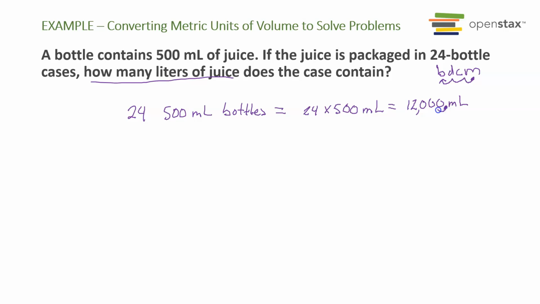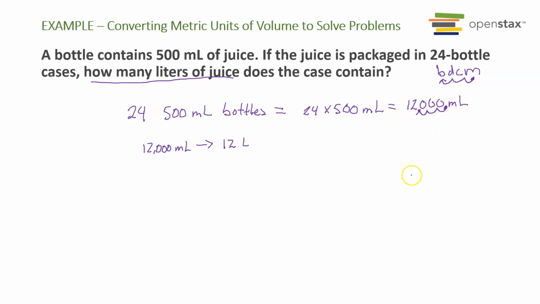So starting here at the end, 1, 2, 3. So in this conversion, we go from 12,000 milliliters to 12 liters. So this case of 24 bottles of juice contains 12 liters of juice.